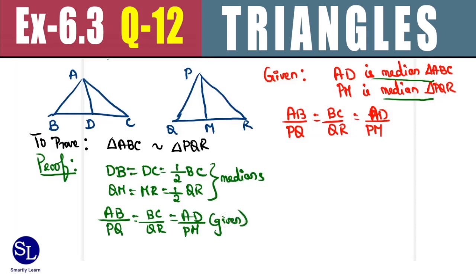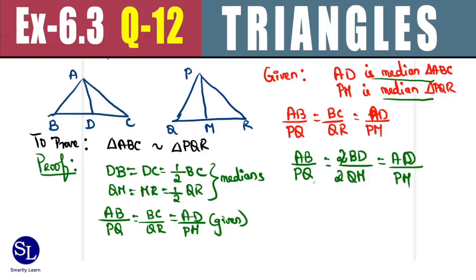So in this equation, I'm going to modify this as AB by PQ. Now the BC can be rewritten as 2 times BD because that's what we have written in the median. Similarly, the QR can be written as 2 times QM, is equal to AD. The last part I'm not touching, which is AD by PM of this proportionality.